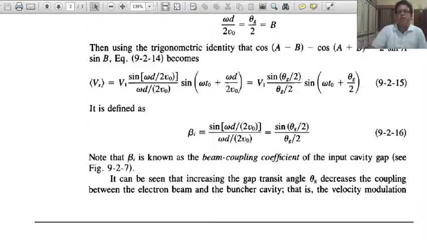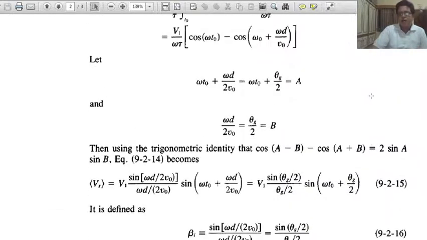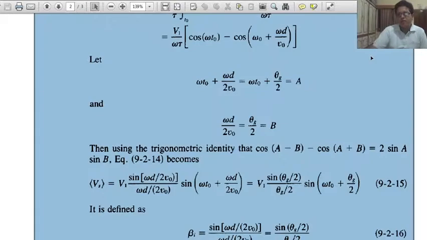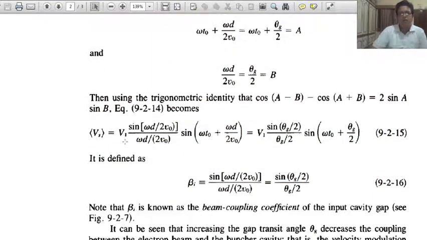Then using the trigonometric identity cos a minus cos b equal to minus twice sin a plus b upon 2 sin a minus b upon 2, this equation becomes: average value equal to V1 sin omega d upon twice v0 upon omega d upon 2 v0, times sin omega t0 plus omega d upon twice v0.